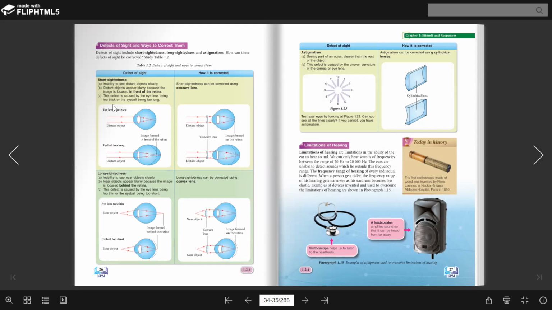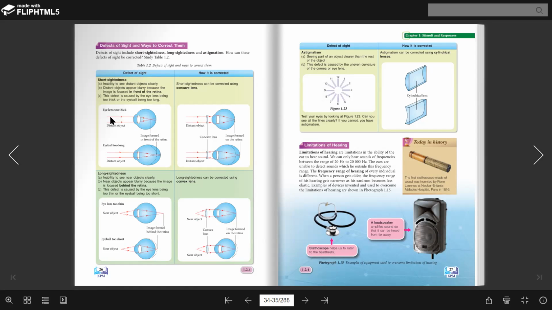How does this happen? Short-sightedness is the inability of a person to see objects from a distance. For example, this is the distant object. The red in color shows the rays of light, because every object gives off light.